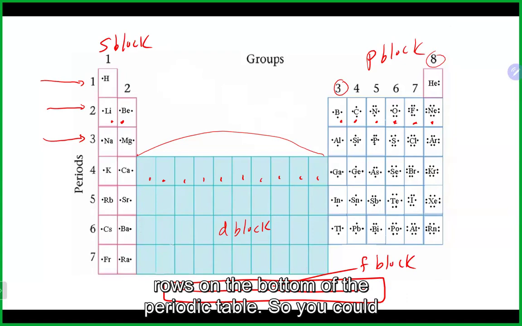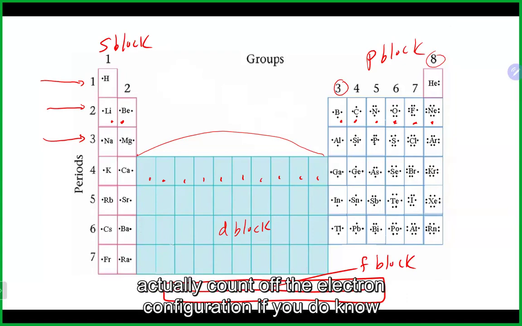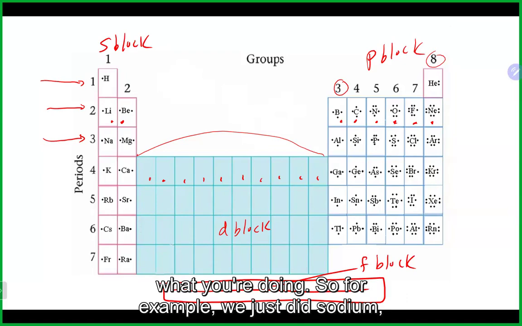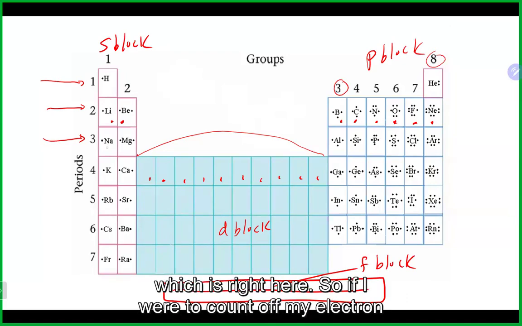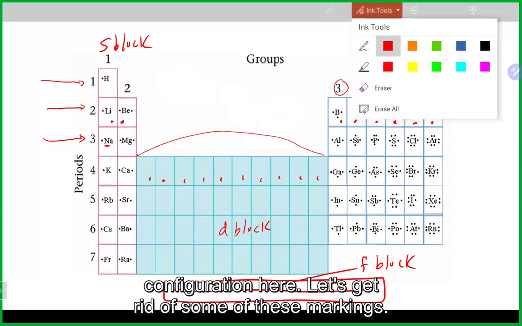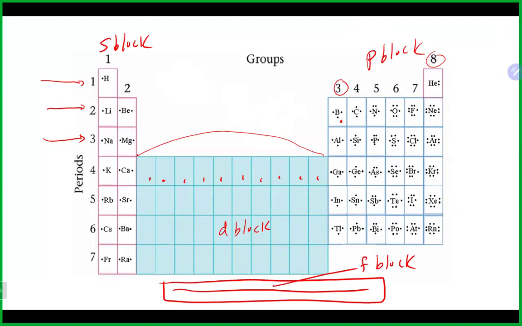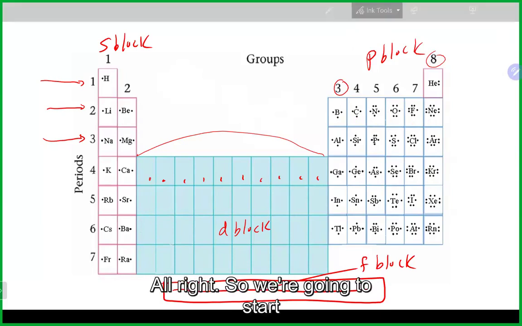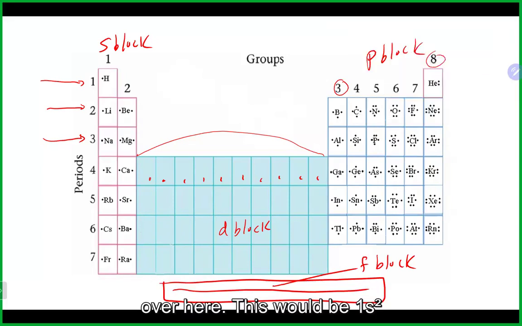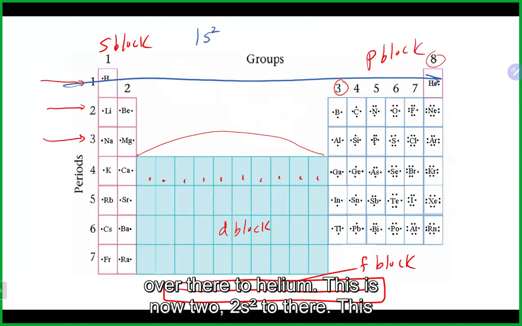So you could actually count off the electron configuration if you know what you're doing. For example, we just did sodium, which is right here. If I were to count off my electron configuration here, let's get rid of some of these markings. We're going to start over here. This would be 1s2 over there to helium.